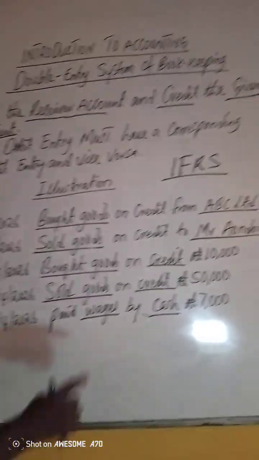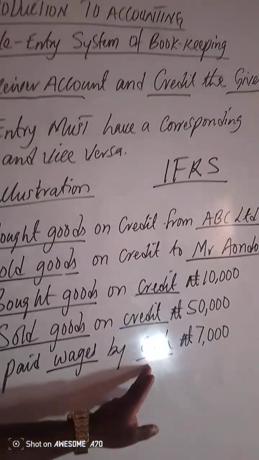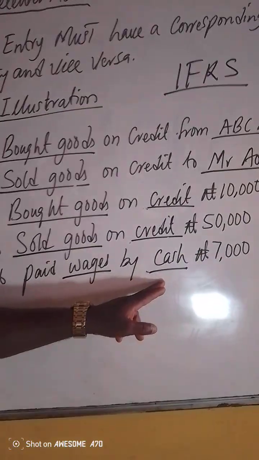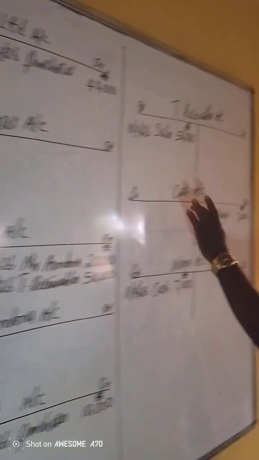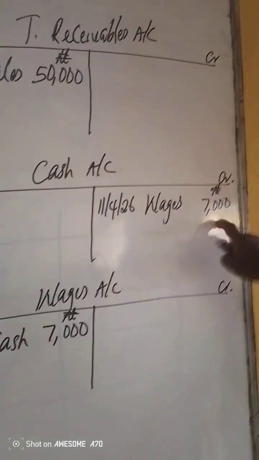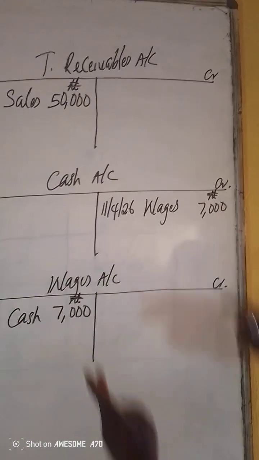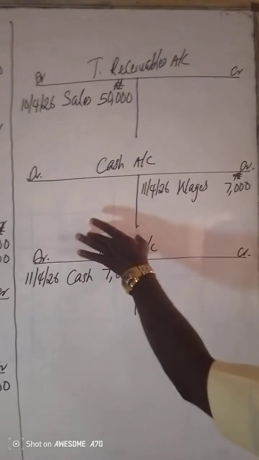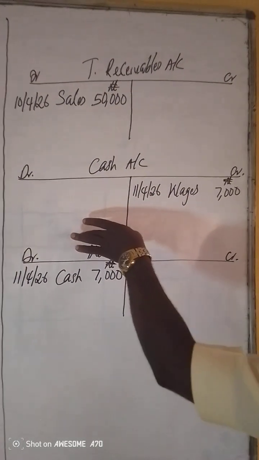So let's continue. Here we are saying that cash is giving, credit the giver account. Cash is giving. They now come here and say this is our cash account. Cash account is giving for services of wages worth 7,000. They now come to the receiver account and say that all expenses are debited, all services paid are debited.